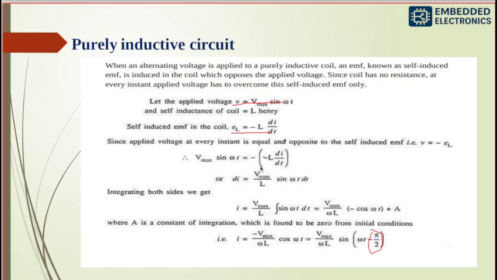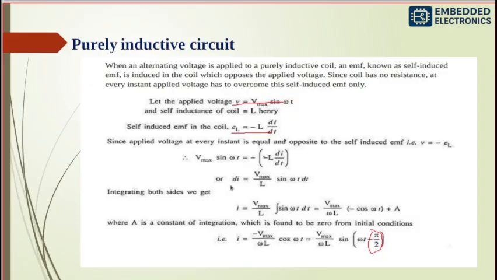Then move L to the left side and dt to the right side. That time di equals V max divided by L, sin omega t, dt. So here we got the di value, but what we want is the current value, right?